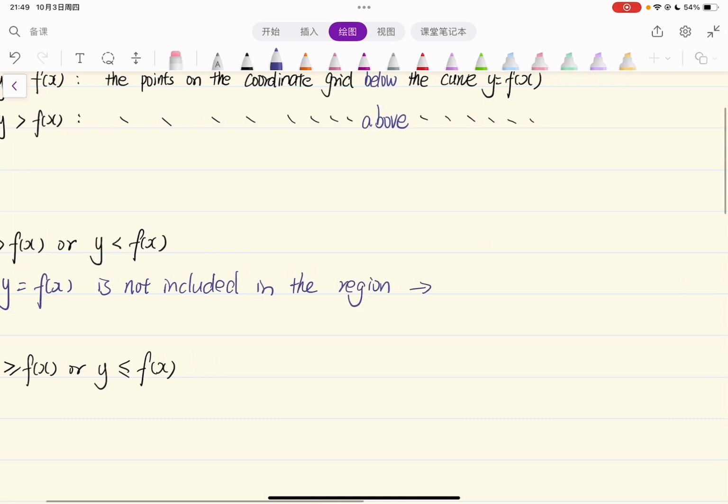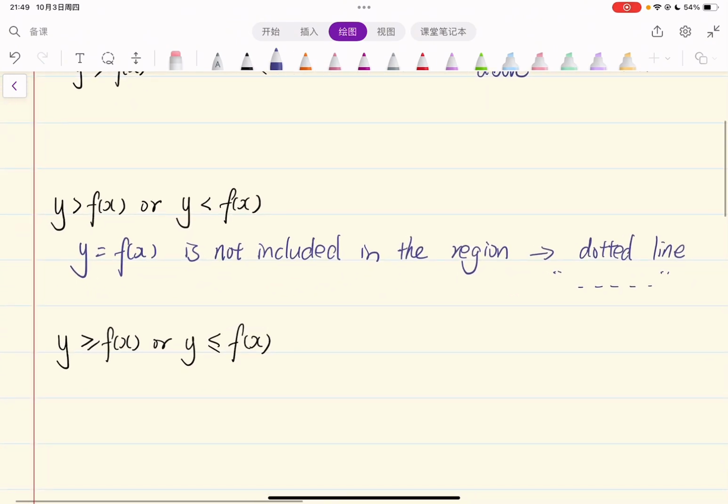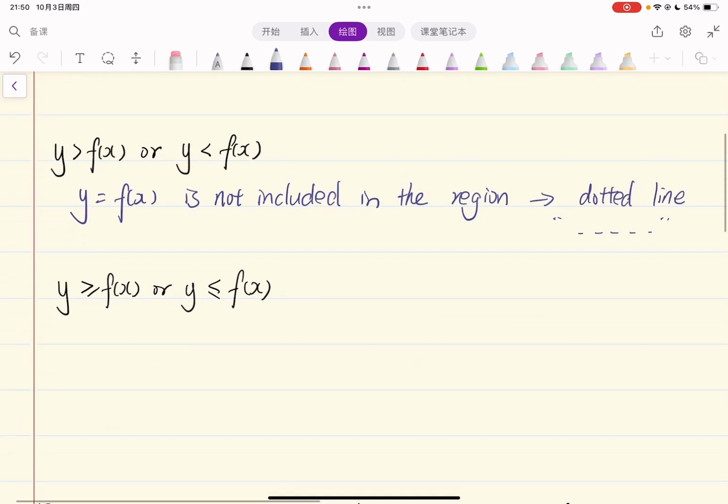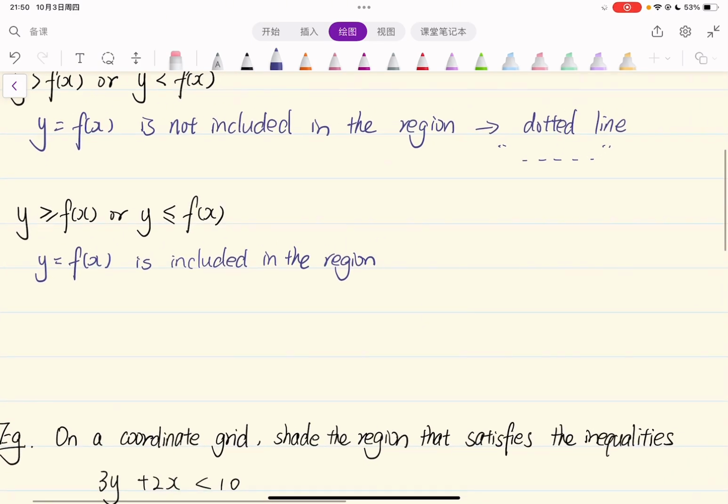And when you see y greater than or equal to f(x) or y less than or equal to f(x), y equals f(x) is included in the region, so you need to use a solid line.